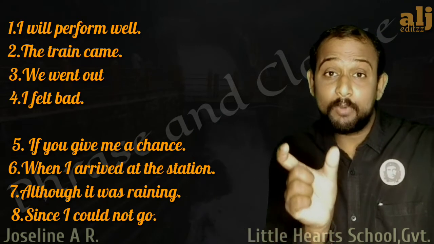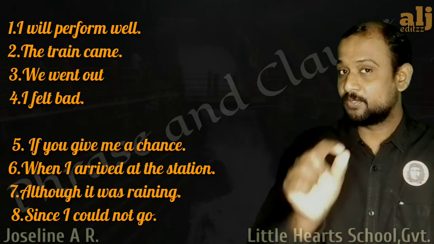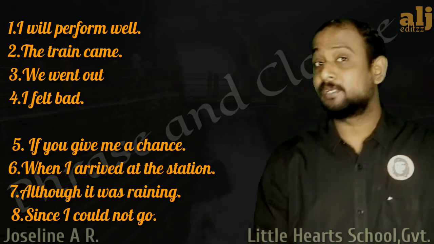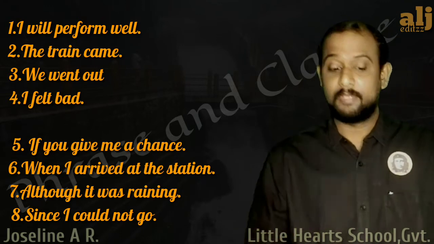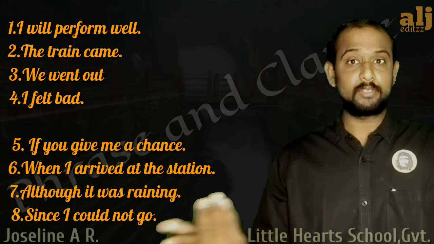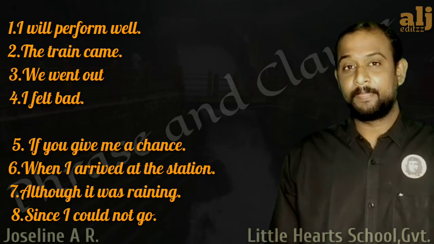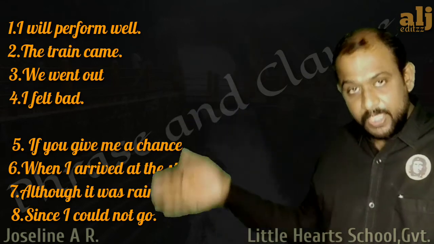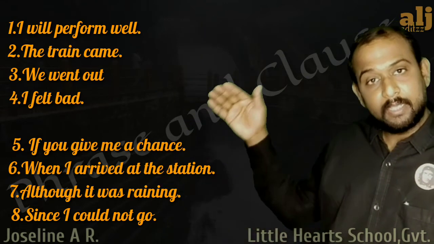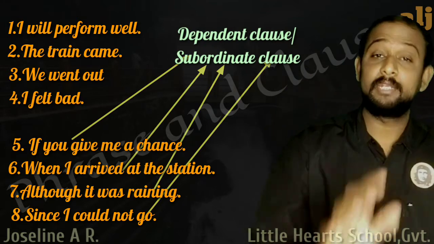Although is a subordinating conjunction, subordinator. So this is called a dependent clause or a subordinating clause. Next, last one. Since I could not go. Since I could not go, it is not complete. It needs one more clause for its completion. So these four examples from 5th to 8th are the examples of dependent clauses or subordinating clauses.